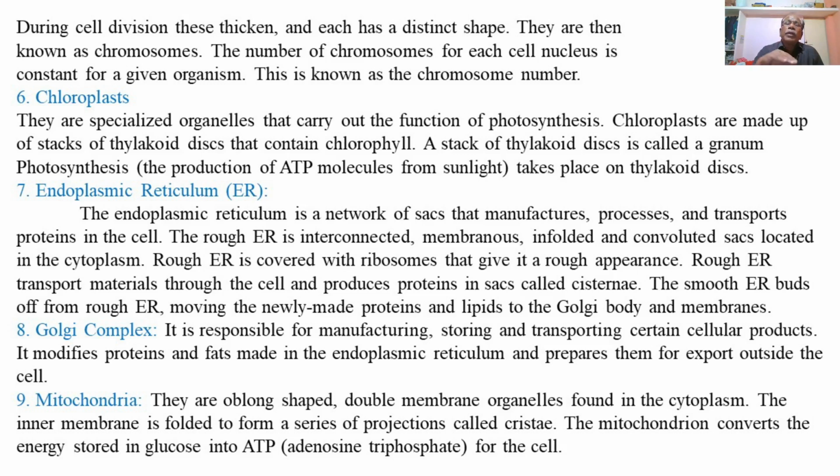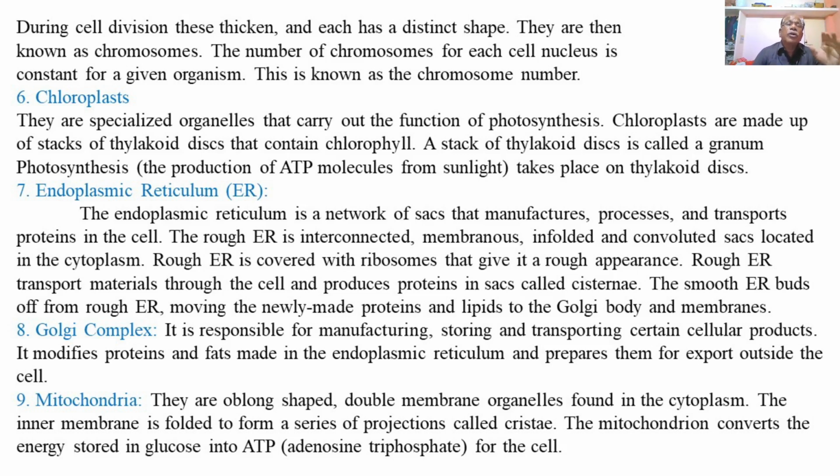Sunlight and the chlorophyll pigment of the chloroplast undergo the process of photosynthesis, producing carbohydrates in the form of glucose molecules and releasing oxygen at the end of the reaction.